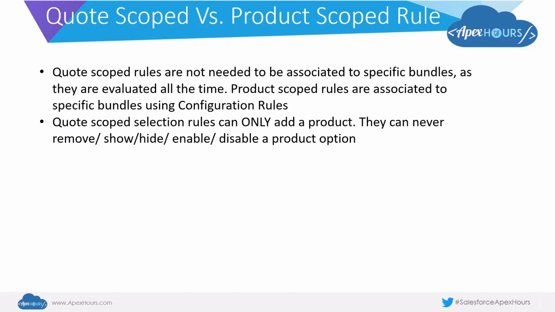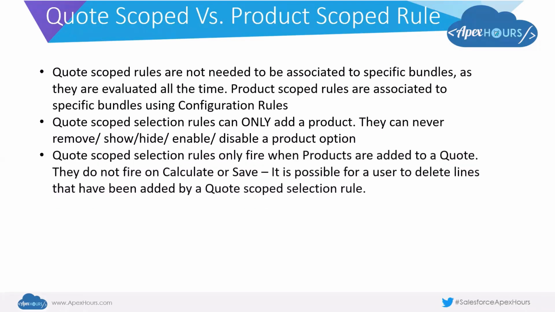They can never remove, show, hide, enable, or disable a product option. Quote scoped selection rules only fire when products are added to a quote. They do not fire on calculate or save. So one thing to be aware of here is it is possible for a user to delete lines that have been added by a quote scoped selection rule.